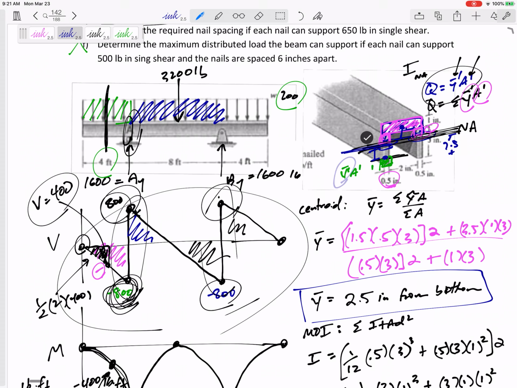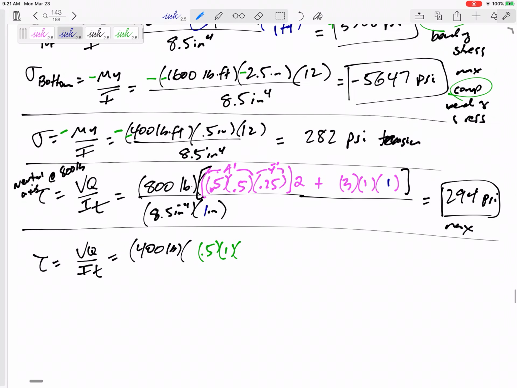But y bar prime is not just the distance to your point, it's the distance past your point to the centroid of A prime. So this would be 1.5 plus another 0.5. This would be 2 inches. My 2 inches would be my y bar prime. Here's my A prime right here. Here's my y bar prime.